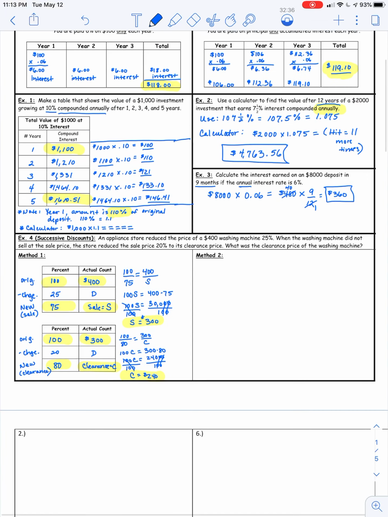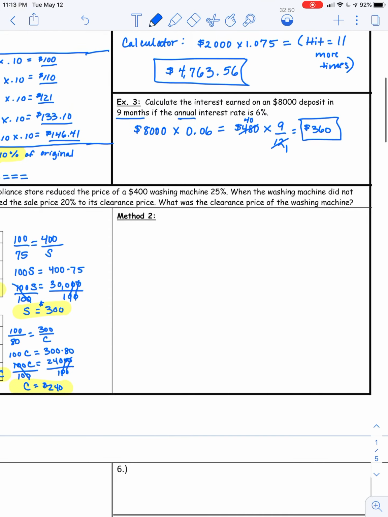Okay, now that's the first way that we can solve using two ratio boxes. It's a really nice way. The method is good because it organizes your information in a table and you can keep track of what you're doing. But method 2 can be easier for some brains to process.